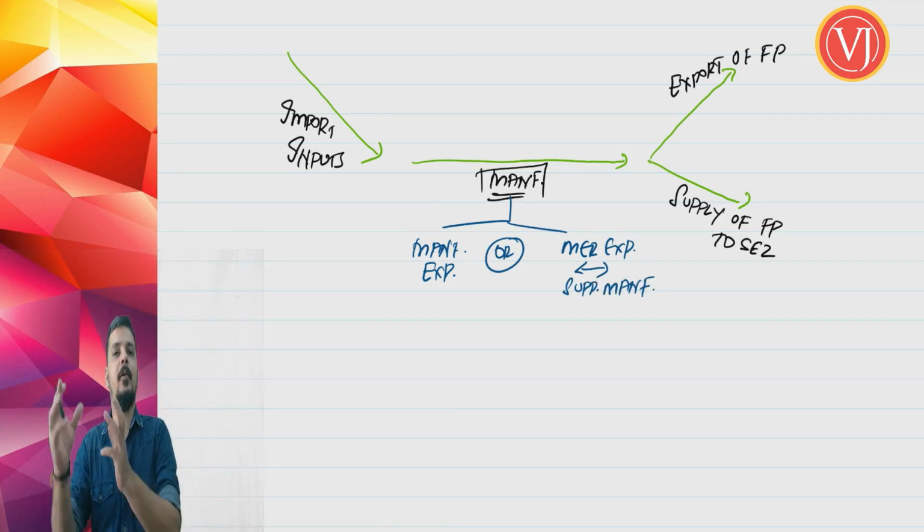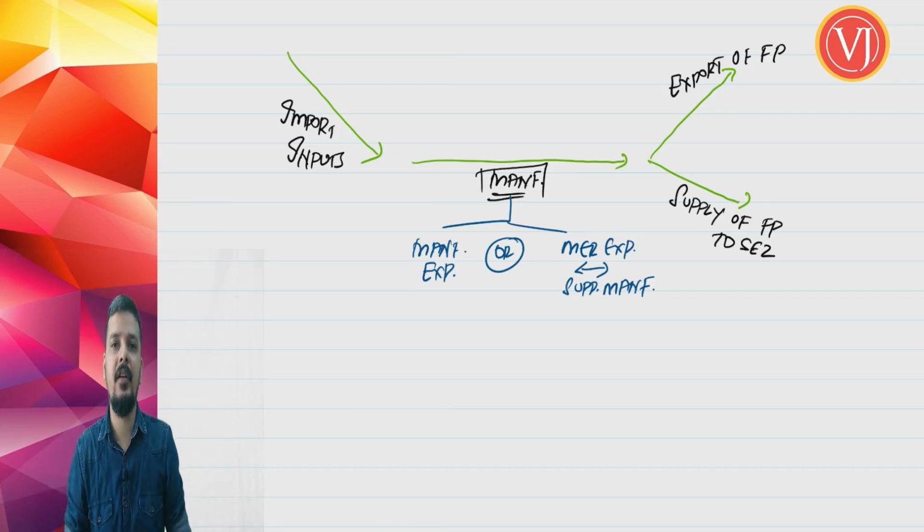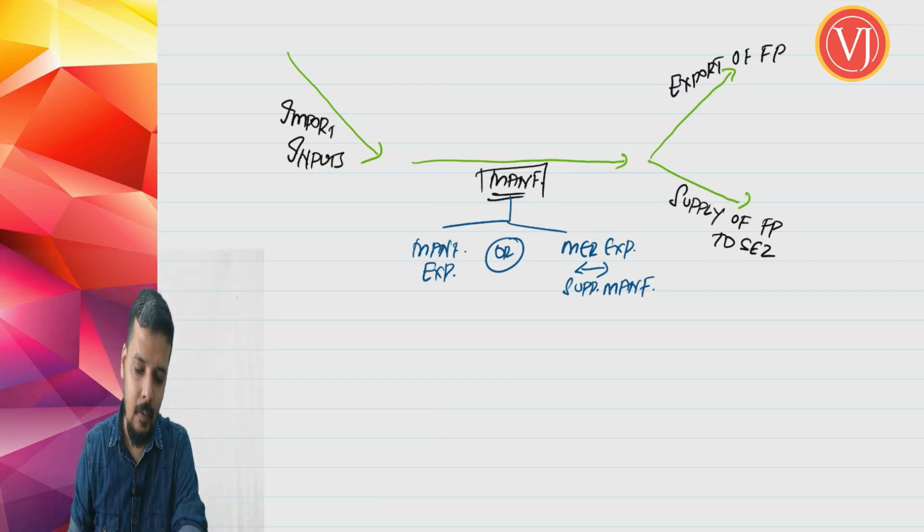Right, merchant exporter is getting advance authorization, but the import of inputs and manufacturing is done by the supporting manufacturer who will give him the final product and he'll export. Right.